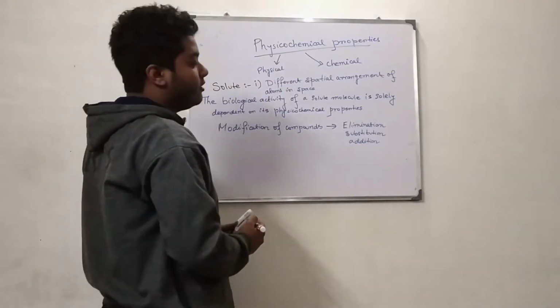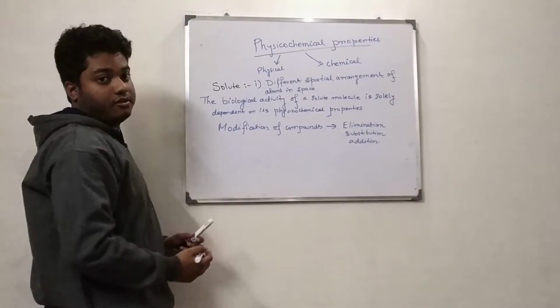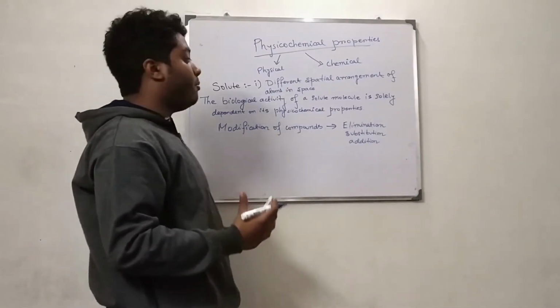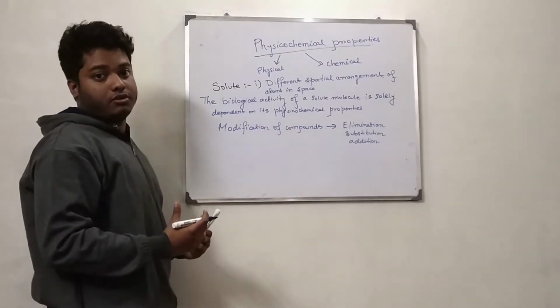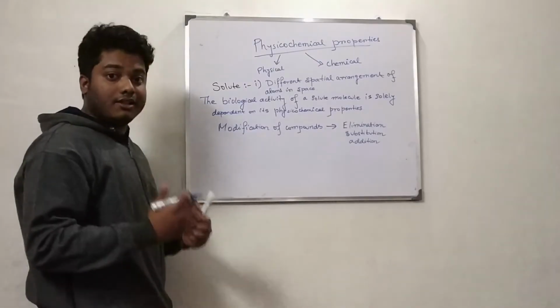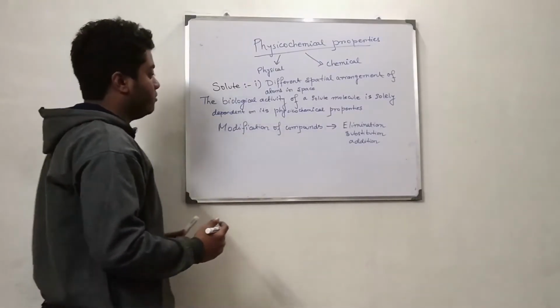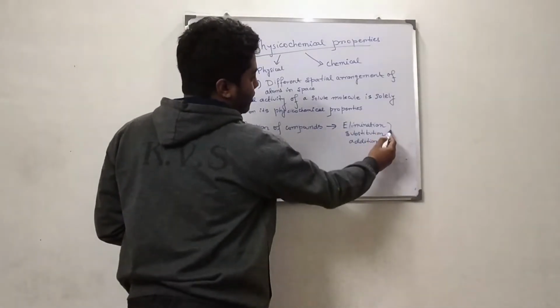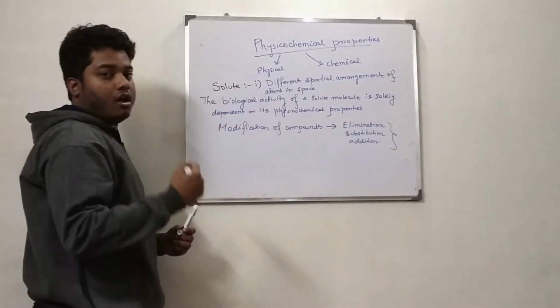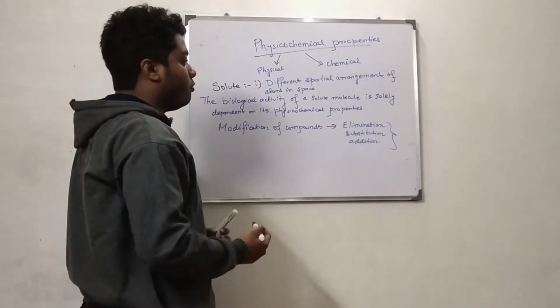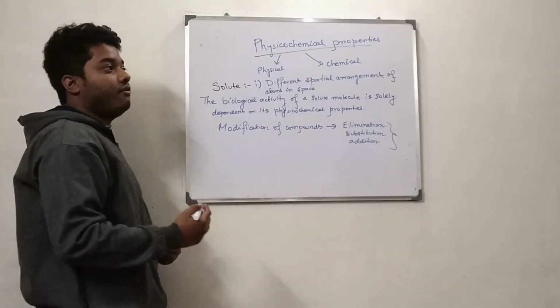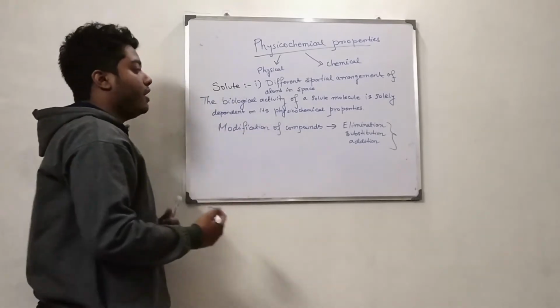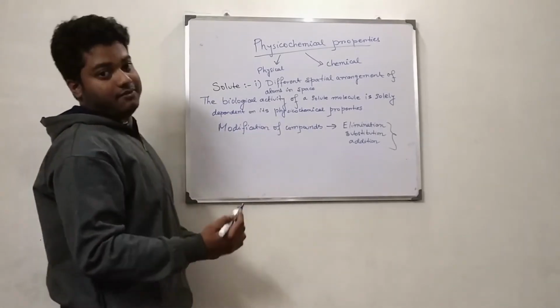All these three different processes will not change the biological activity of the molecules. Rather, it will parallel the activity of the actual molecules. By doing these three steps, we will modify its stability, we will modify its solubility, we will modify everything, but it parallels the activity of the actual molecules.